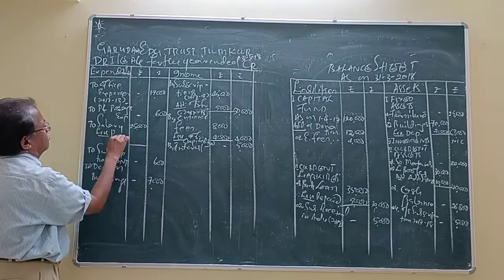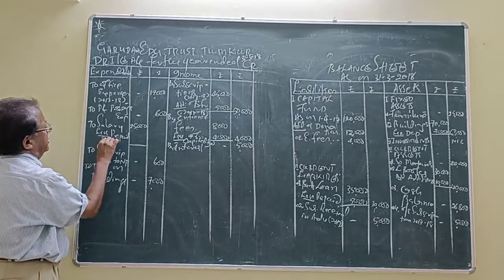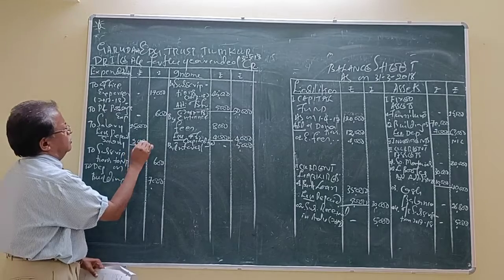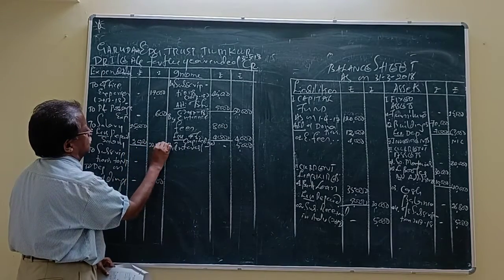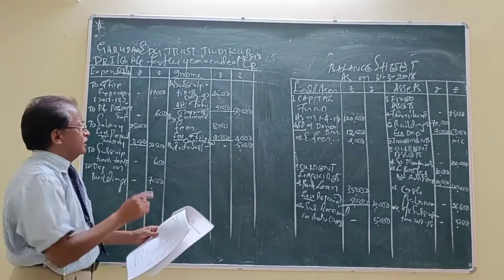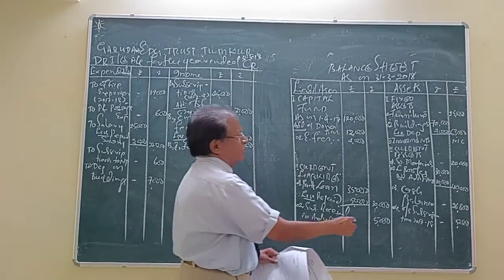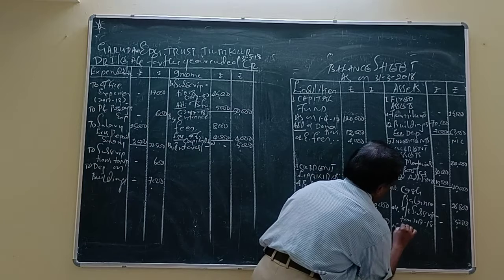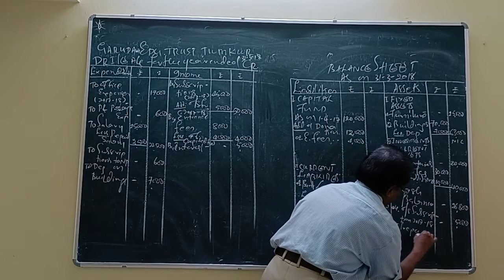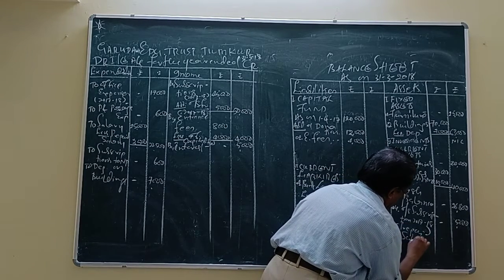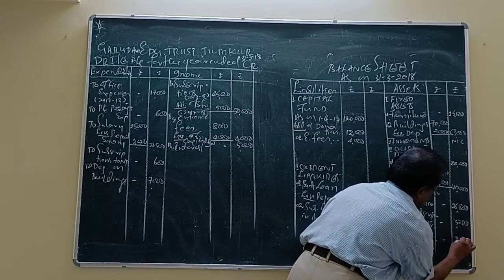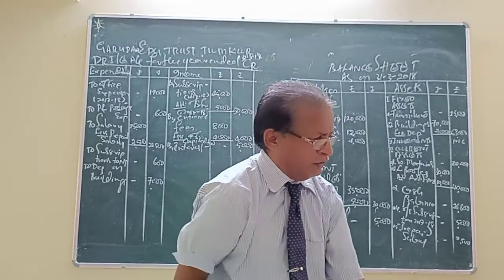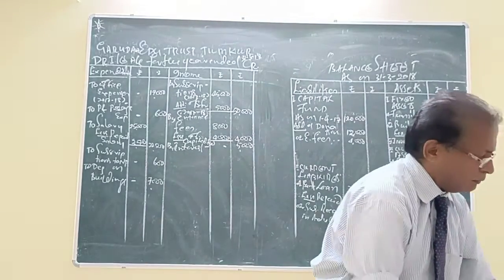Less prepaid salary, how much? 2,500. Difference 22,500 outer column. This 2,500 will be shown in the balance sheet on the asset side under the heading current asset. Prepaid salary, outer column 2,500.